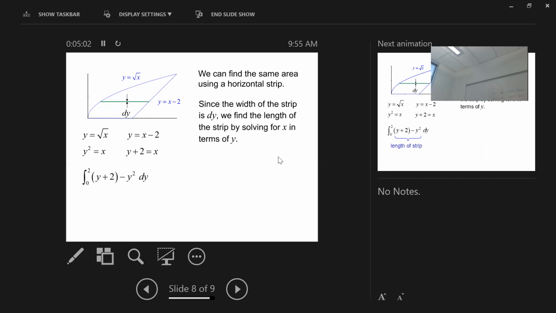We square both sides, and we get x equals x squared minus 4x plus 4, which is x squared minus 5x plus 4 equals 0. So now I use the lattice and say, where do they meet?